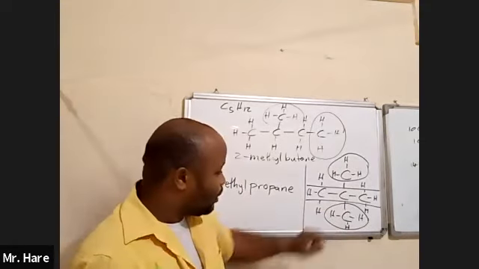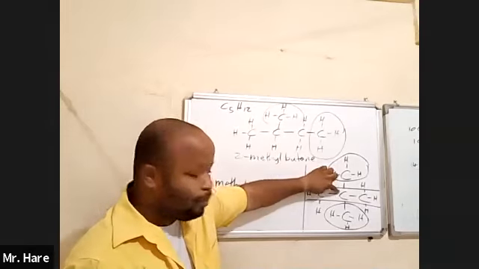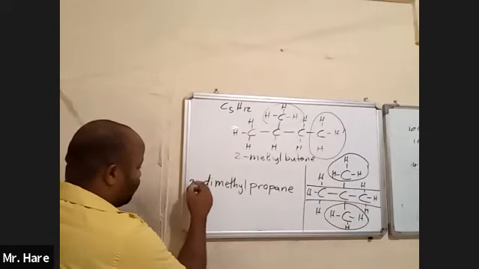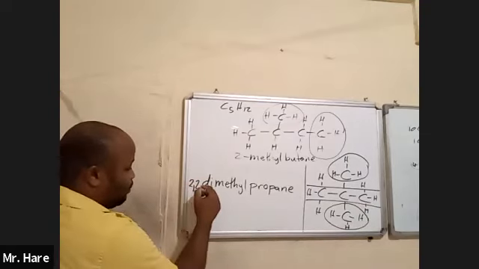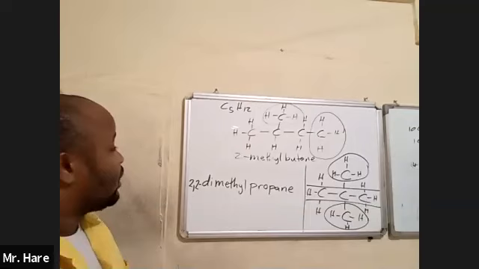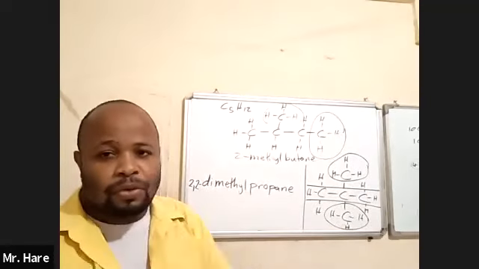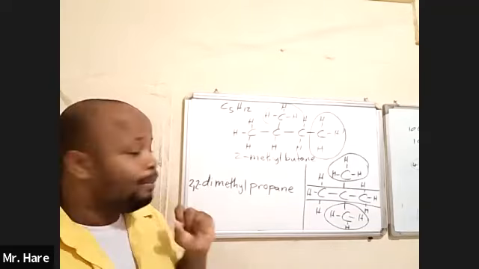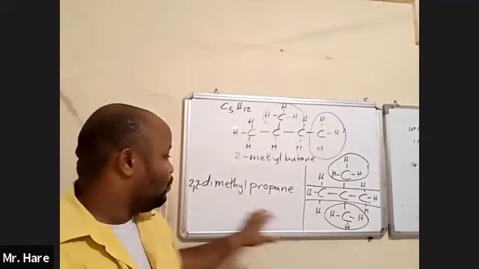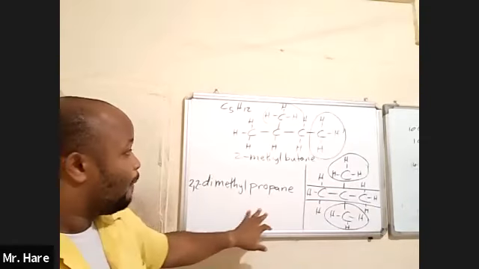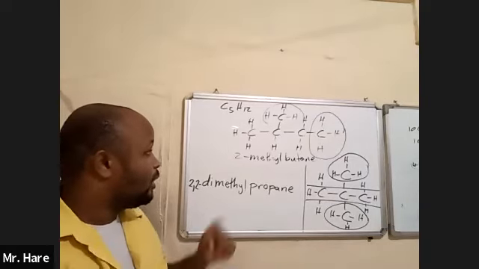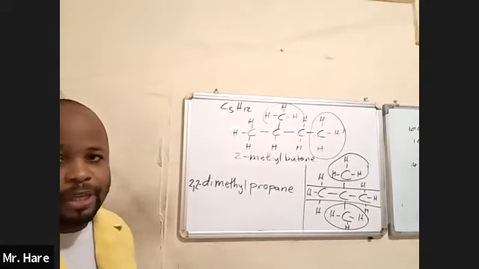Both of these groups are attached to the second carbon atom, so both are on carbon 2, and that is why I would say 2,2-dimethyl propane. So C5H12 has a total of 3 isomers: pentane, 2-methyl butane, and 2,2-dimethyl propane. So this question was on isomerism. Those are the 3 isomers for C5H12.